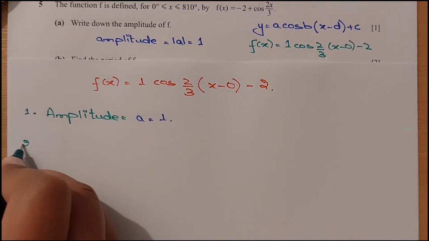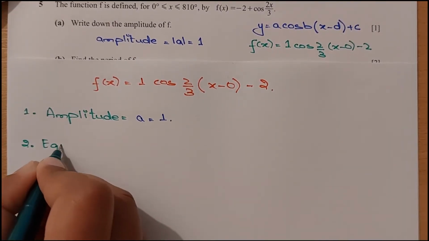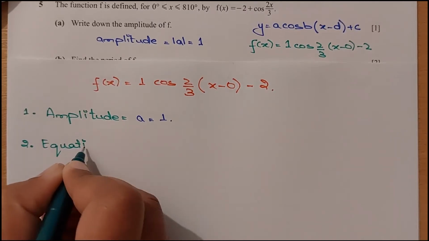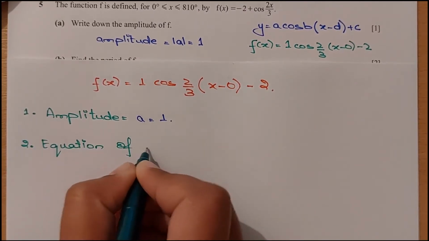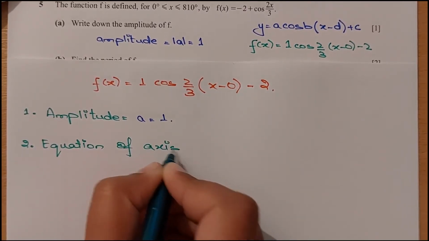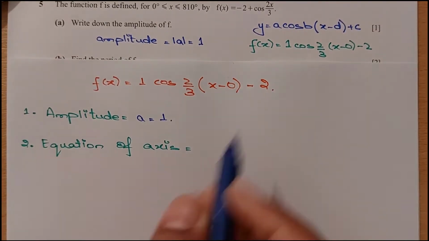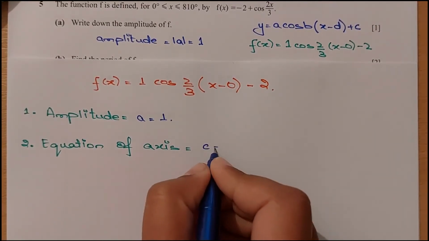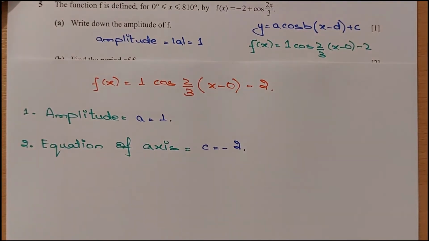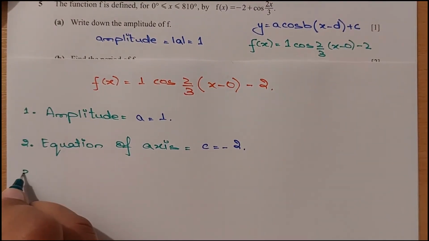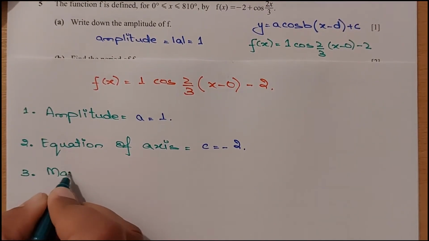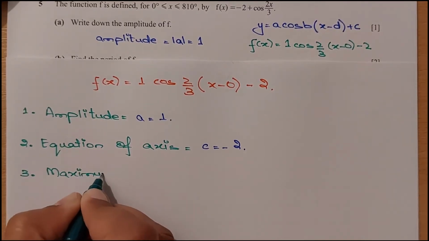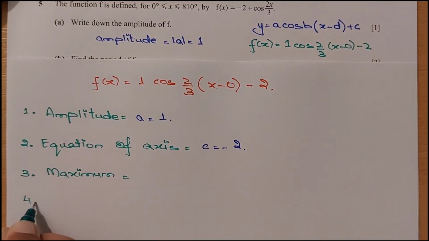Then I need the equation of the axis, which is the c value, so c is minus 2. With the help of the amplitude and the equation of the axis, we can find the maximum and minimum points of this curve.